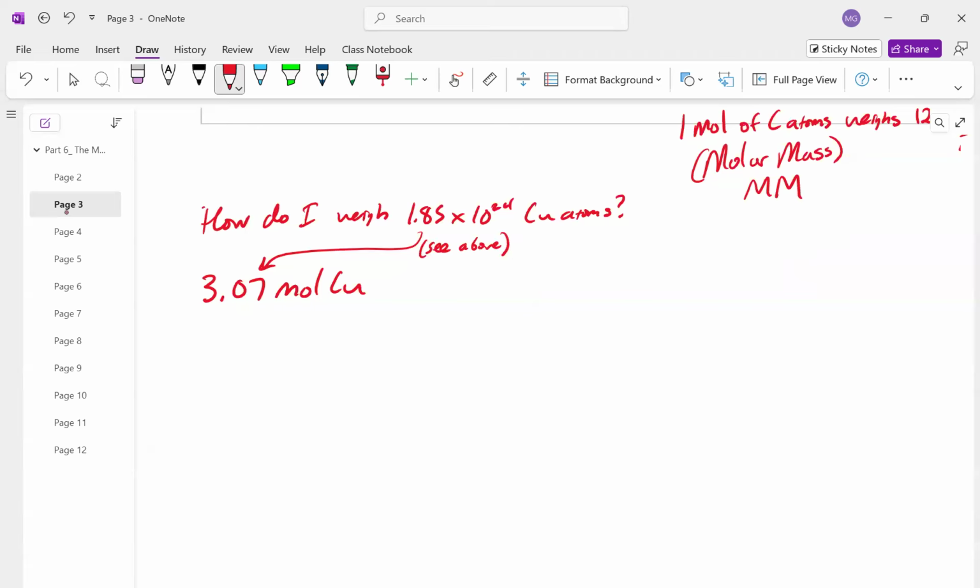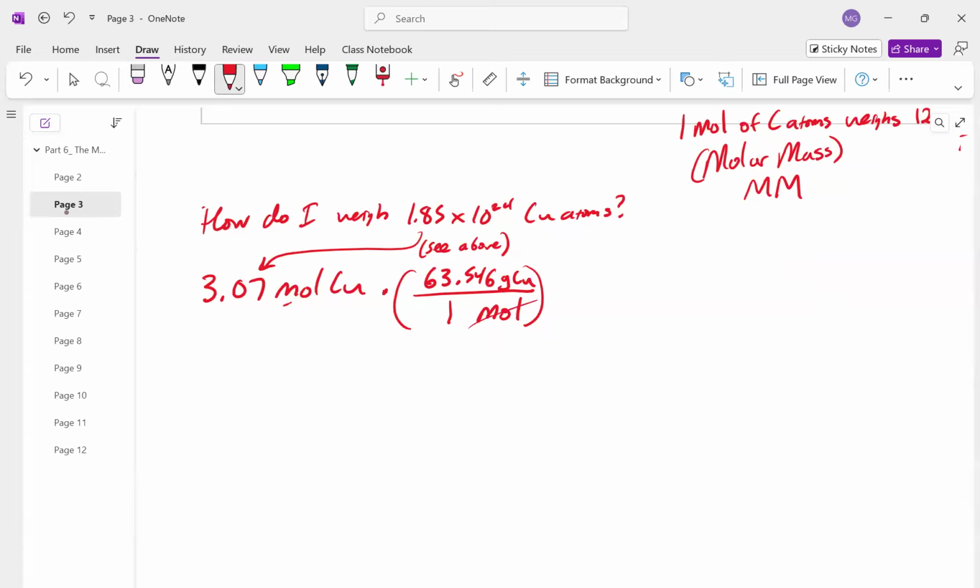Now let's continue on. If I want to get to grams, I need to use a conversion factor that has grams in it. Well, my conversion factor is going to be the molar mass. I want moles to cancel out, so moles will be on the bottom. I'm going to look at the periodic table, and the periodic table tells me that 1 mole of copper weighs 63.546 grams of copper.